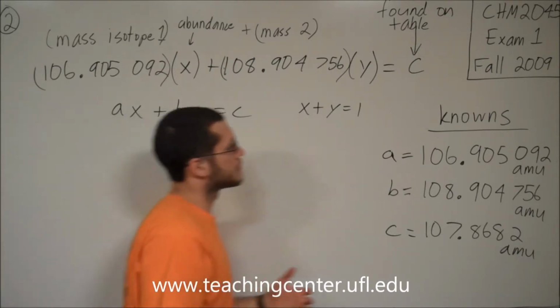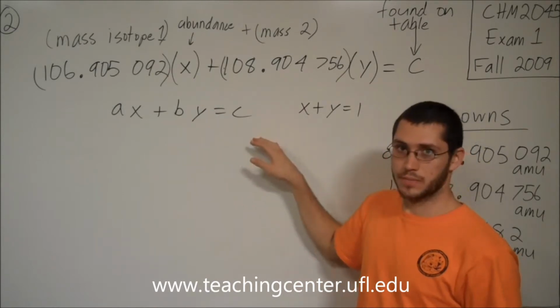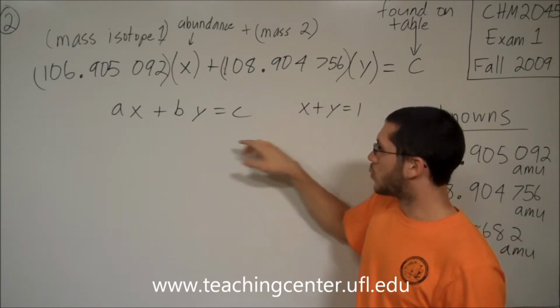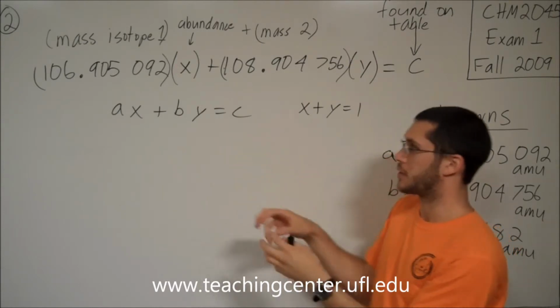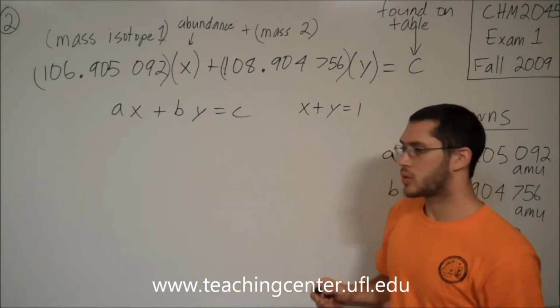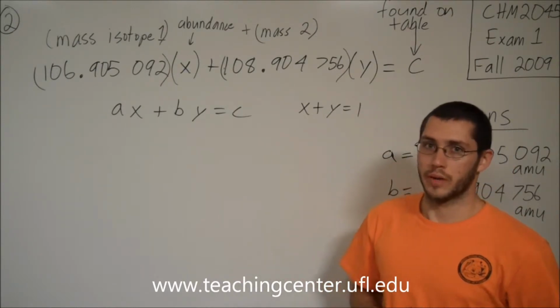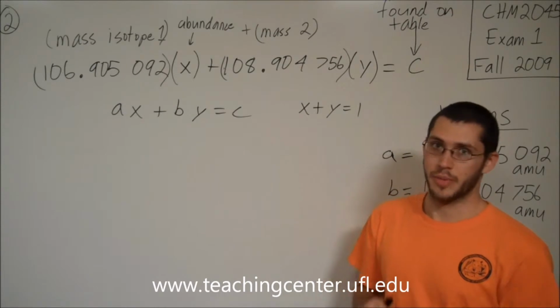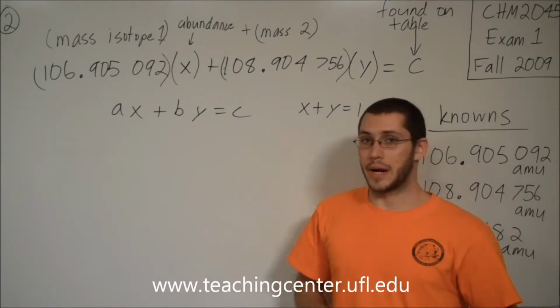The reason is that whenever we start to manipulate these equations, we're going to use algebra to find our final answer. And somewhere along the way we may make an error. If we're plugging in numbers the whole way, it's going to be very difficult to find out where we made the error. But if we use just variables the entire time, we can see where our algebra failed.